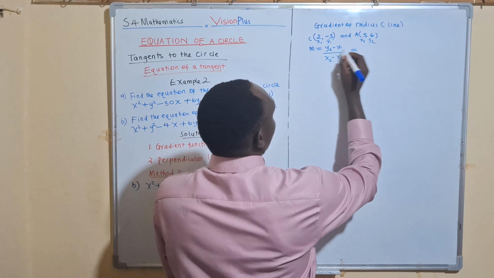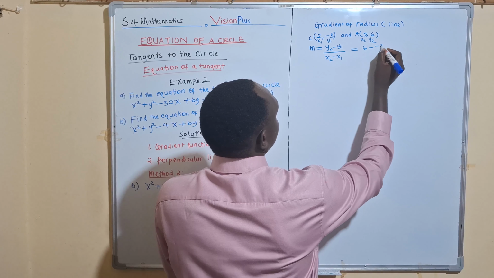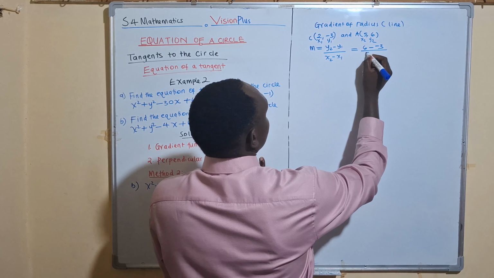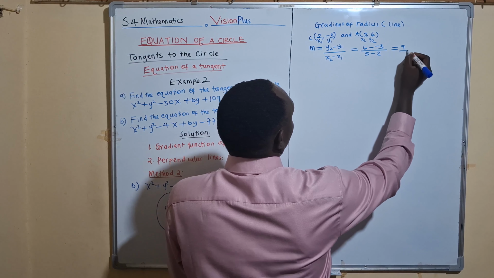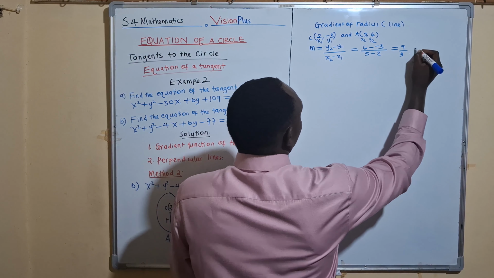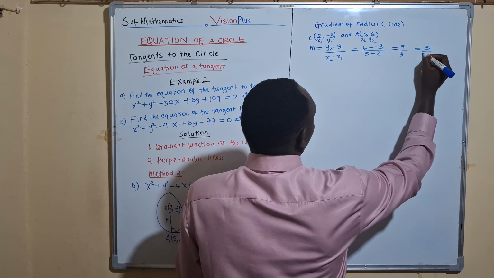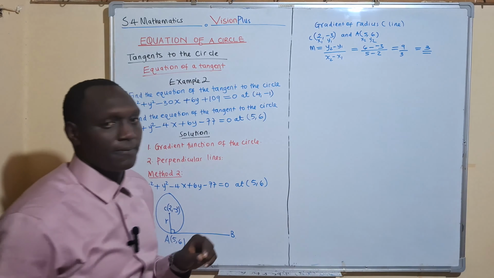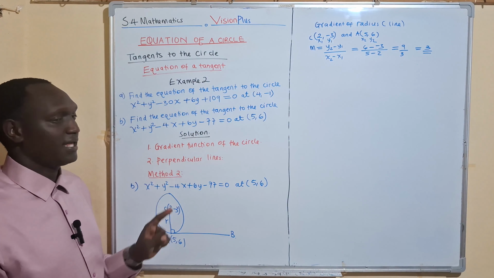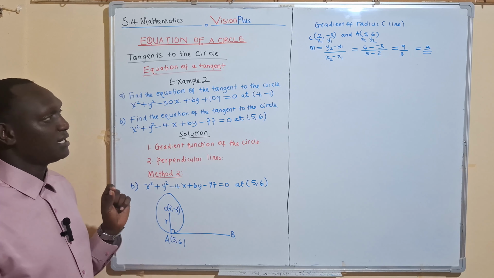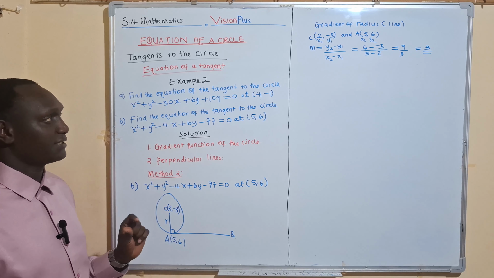Now we substitute y2, 6 minus y1, negative 3, out of x2, 5 minus 2. This gives us 9 out of 3. Divide, get 3. So the gradient of the radius is 3.